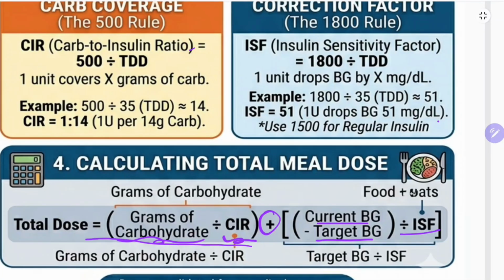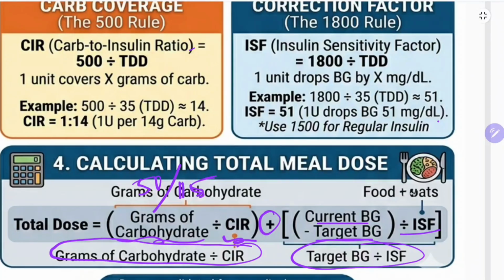By adding both of these, you will get the total dose before a meal. For example, grams of carbohydrate consumed is 50, divided by CIR, which is approximately 15.